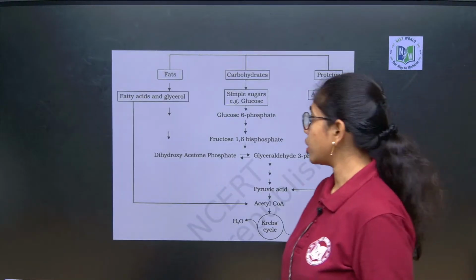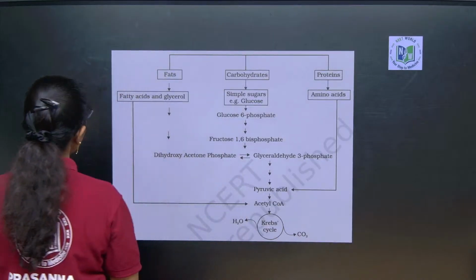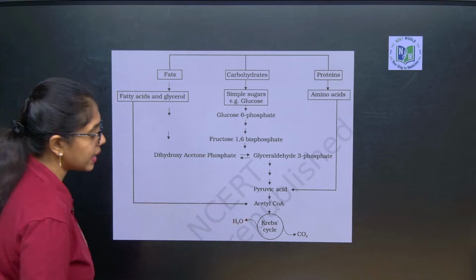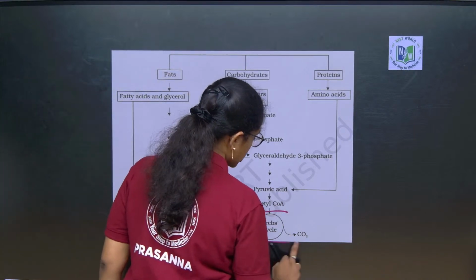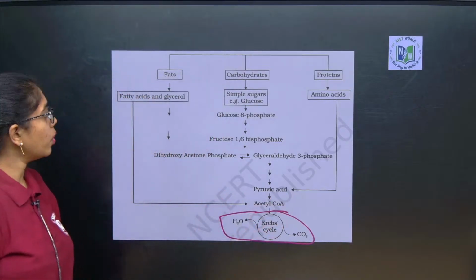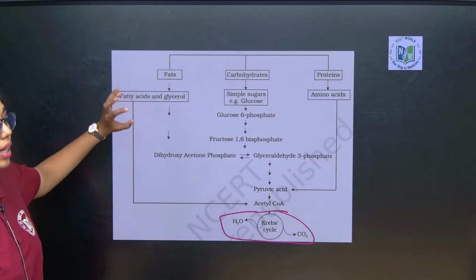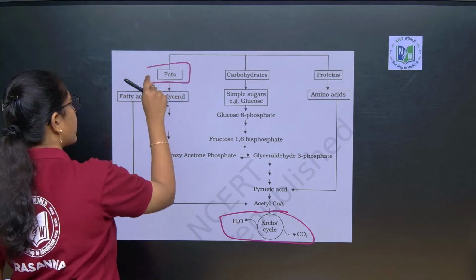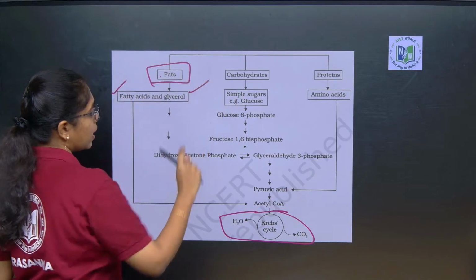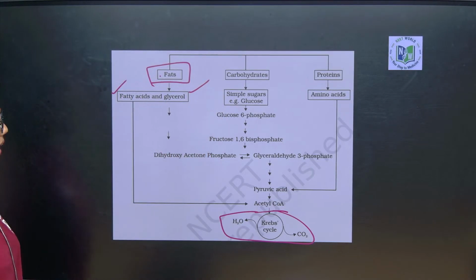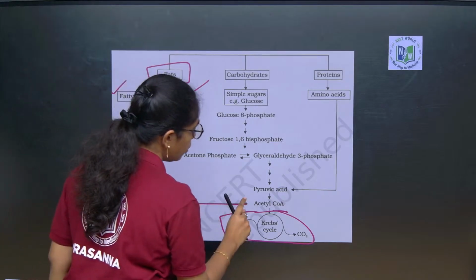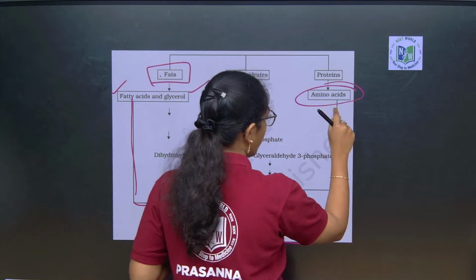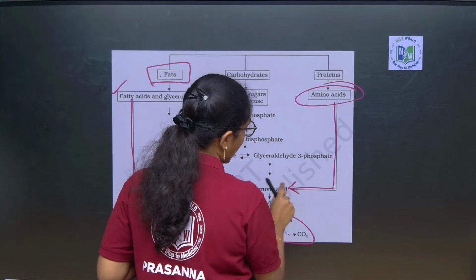Respiration is called an amphibolic pathway because all the respiratory substrates have one common cycle, the Krebs cycle. All the respiratory substrates are involved in the same pathway, and both anabolism and catabolism are involved. For example, fats first break down to fatty acids and glycerol; fatty acids turn to acetyl CoA, and proteins first break down to amino acids and join as pyruvic acid.